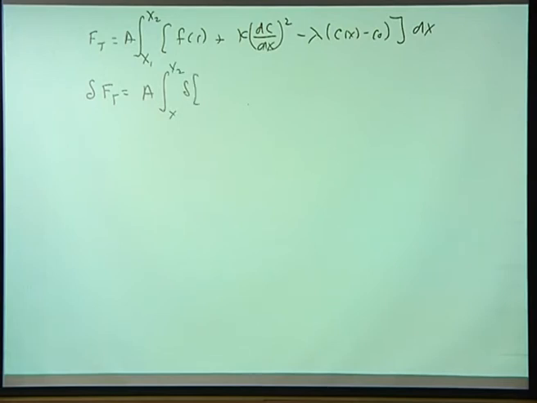And you have the first variation of the term that we did before, plus, minus times the first variation of C0 dx. The first variation of C0 is 0 because it's a constant, right?